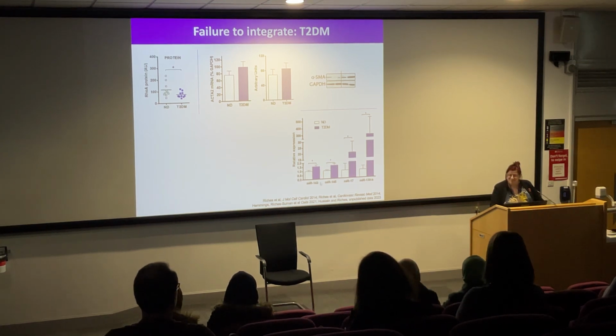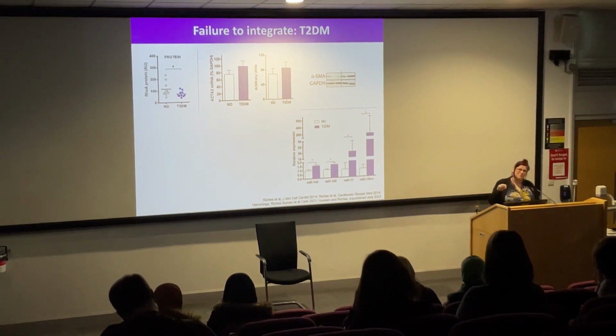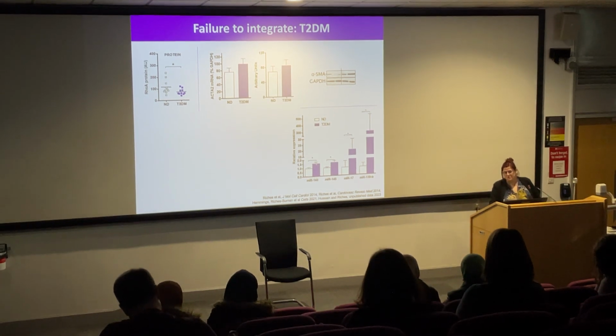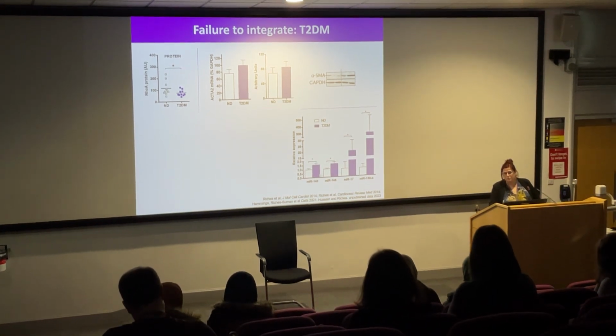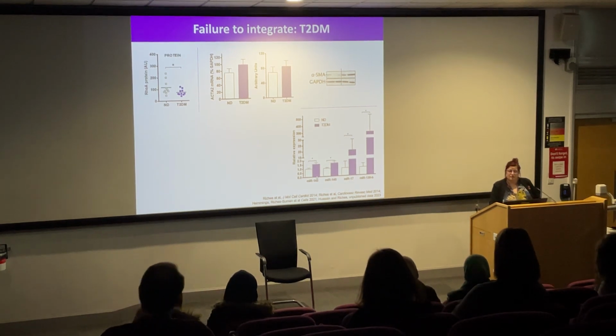What I will say is that microRNAs bind to particular messenger RNAs and prevent them from being translated. And what we find is in the diabetic smooth muscle cells, you get an increase in miR-143 and 145. They both target KLF4, so they can switch off KLF4.